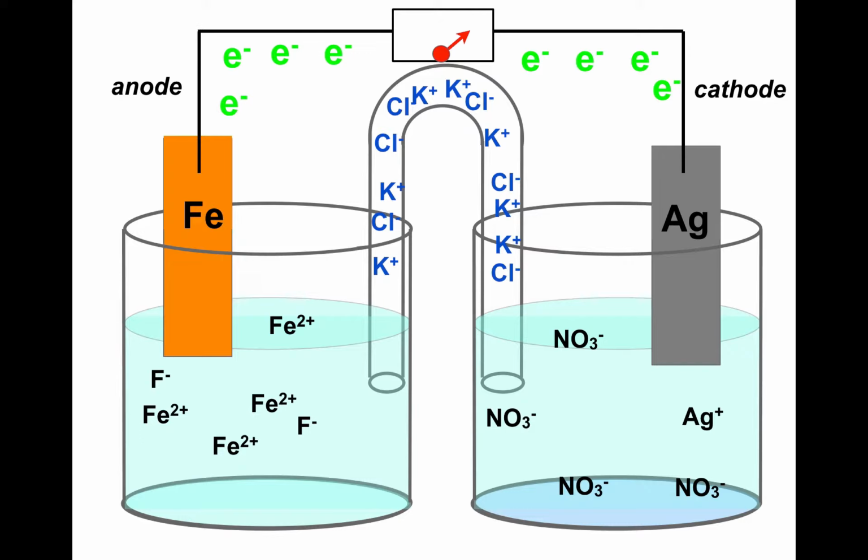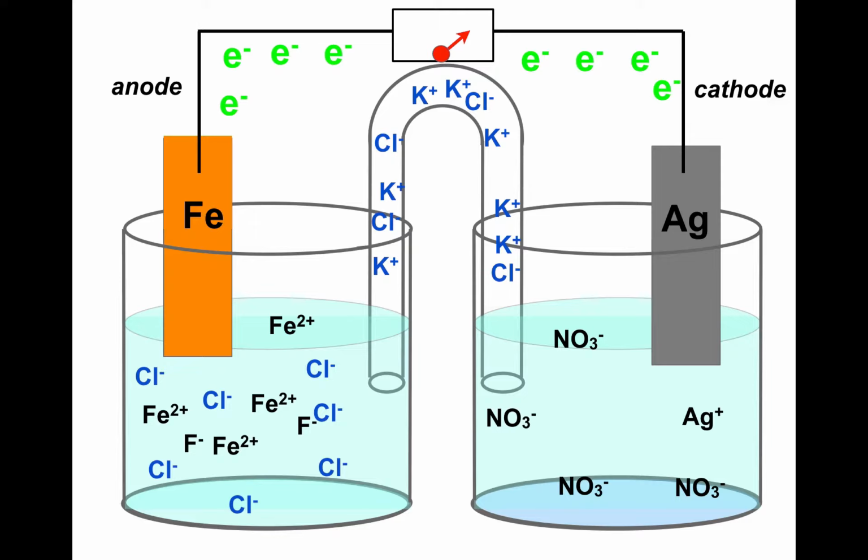So this is where the salt bridge comes in, right? The non-reactive cations and anions in the salt bridge are just there to run to the side where you're building up a negative charge and a positive charge. So as I build up a positive charge over at the anode, the chloride ions run to this side to neutralize that buildup of charge.